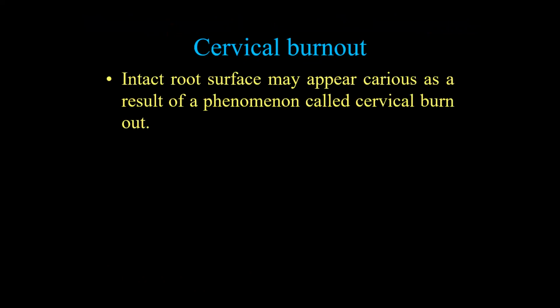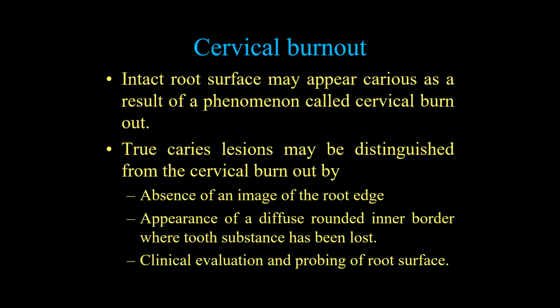So cervical burnout on intact root surfaces may appear carious as a result of a phenomenon called cervical burnout. So cervical burnout is actually an apparent radiolucency that is found just below the cemento-enamel junction on the root.